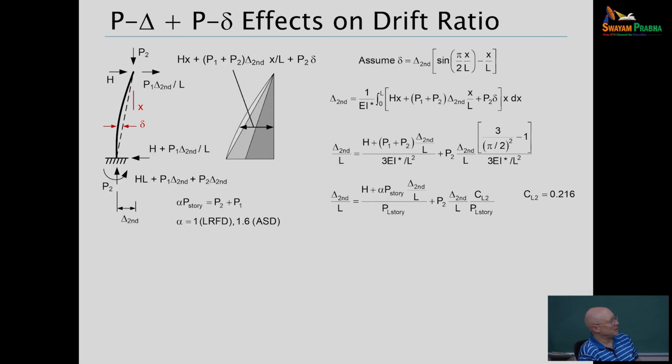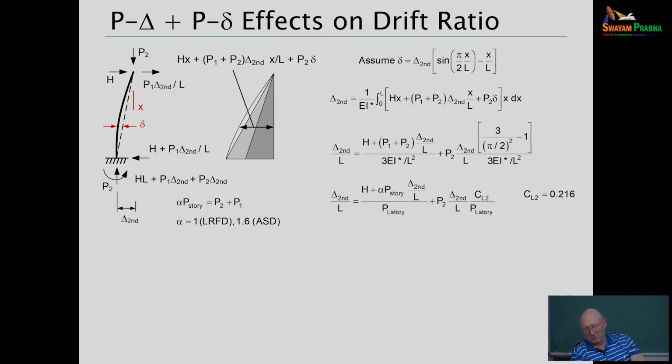That's often taken as, if you do this for various problems, if you have a cantilever like this, or a column fixed against rotation at both ends with lateral loading, you'll get a C sub L of 0.216 there also. C sub L is what's coming out of that bracketed term.